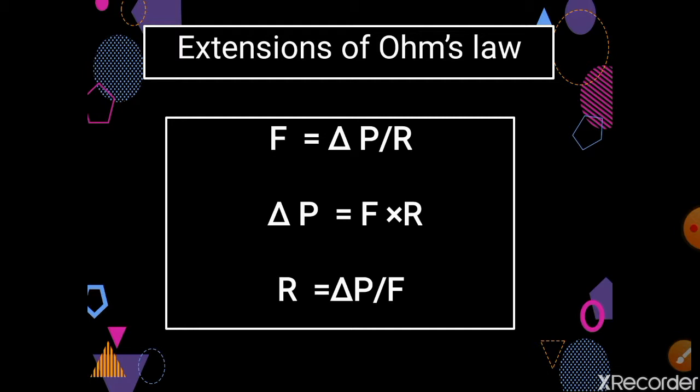While calculating the resistance, this formula can be used in the form that resistance is equal to pressure gradient divided by flow of the blood.